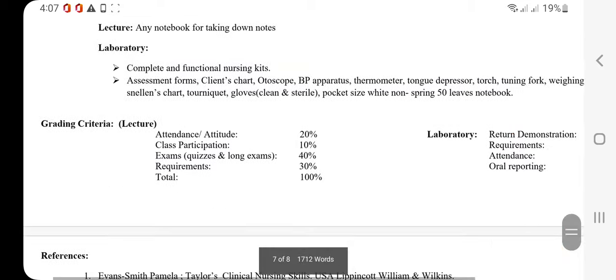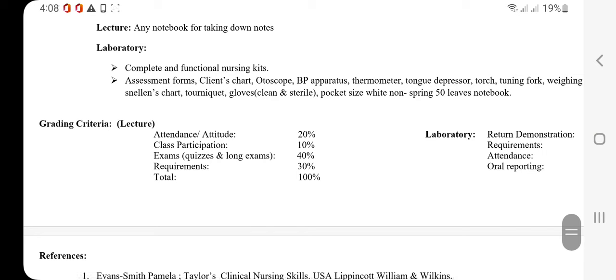Okay? For the grading criteria, this is our grading system so we will have no problem. For attendance or attitude, that is worth 20%. Class participation, such as presentation or reporting or oral recitation, I will put under this 10%. But this is again online class participation.